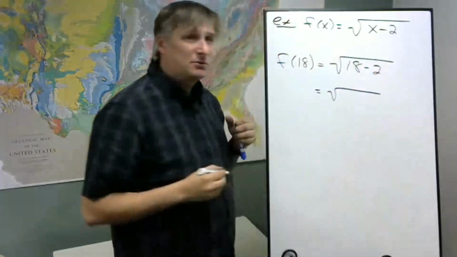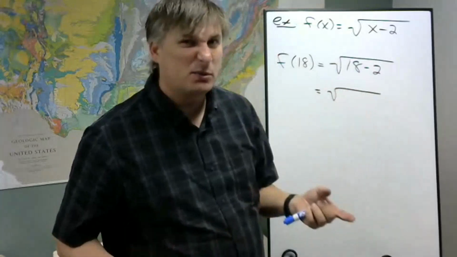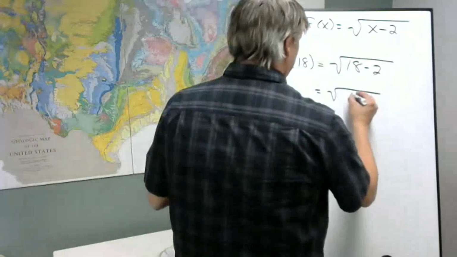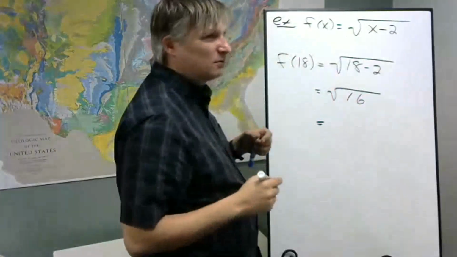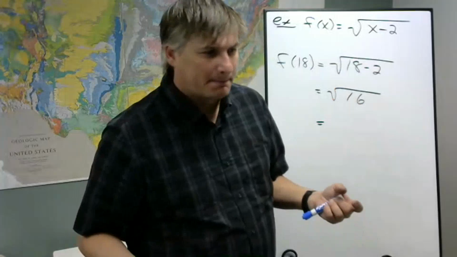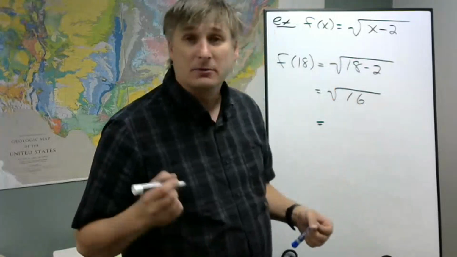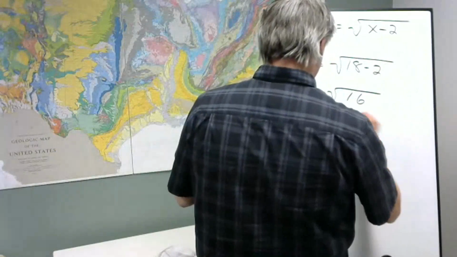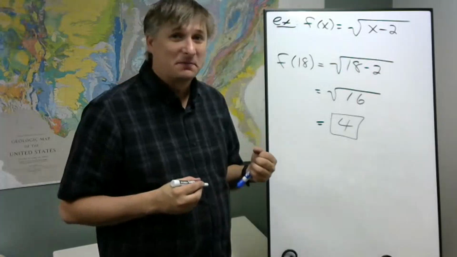So 18 minus 2. And again, since it's inside the square root, we think of those invisible parentheses. We do the subtraction first. 16. And this is a positive square root. So what positive number times itself gives you 16? It's going to be 4. And that's going to be your answer.